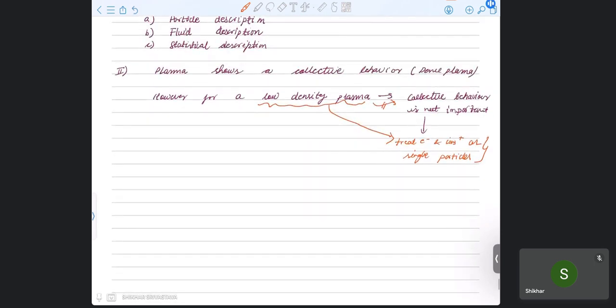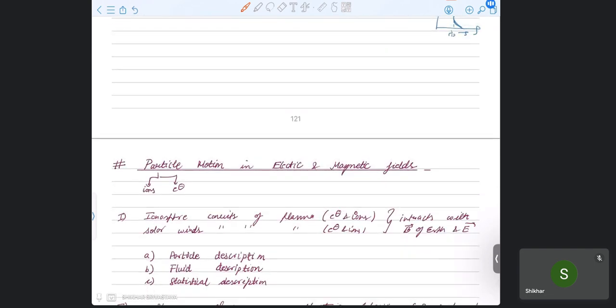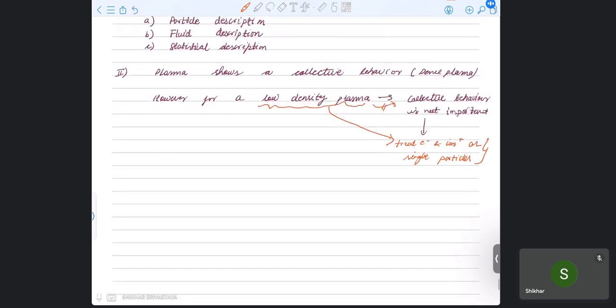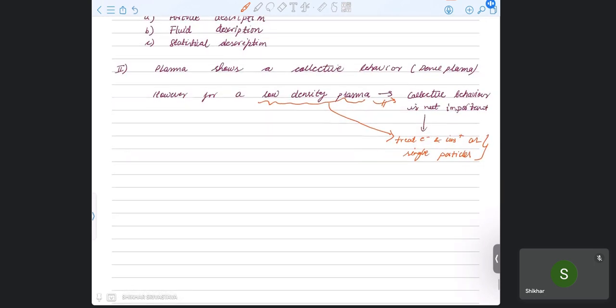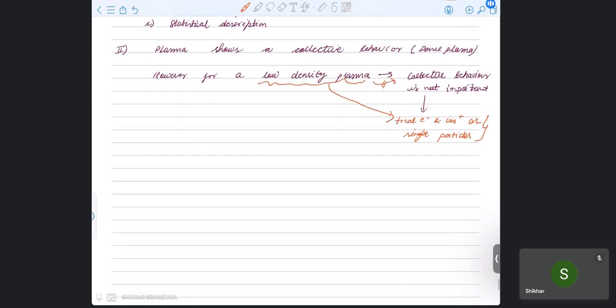Whatever plasma is there inside the solar wind, or in our ionosphere, constantly interacts with both the electric and the magnetic field. So first of all, it is important to understand the behavior of individual particles in the presence of electric field.